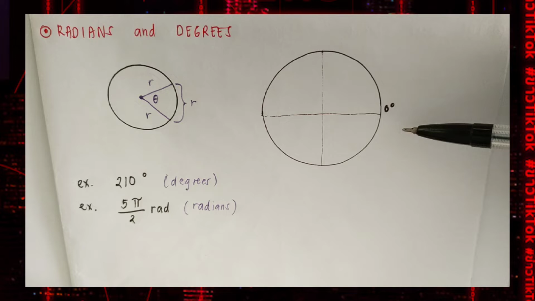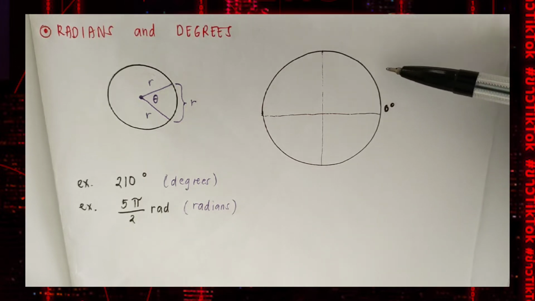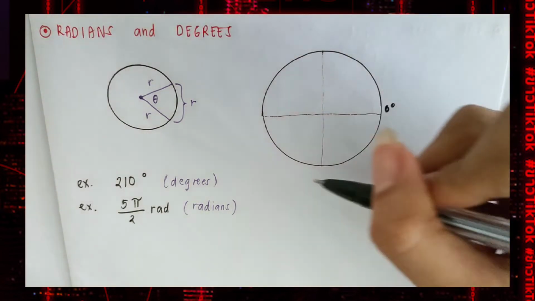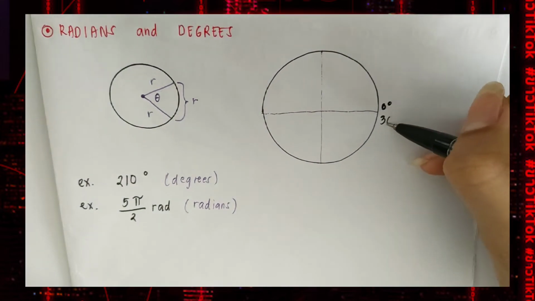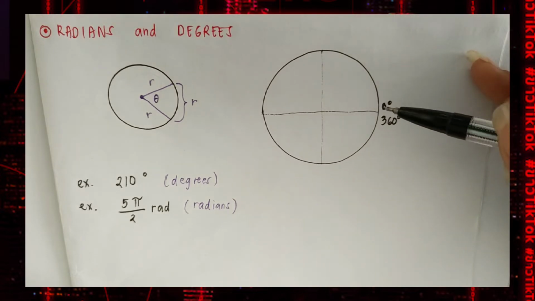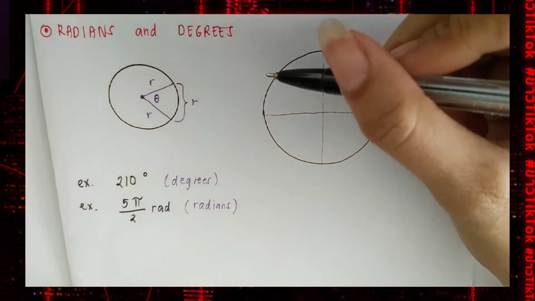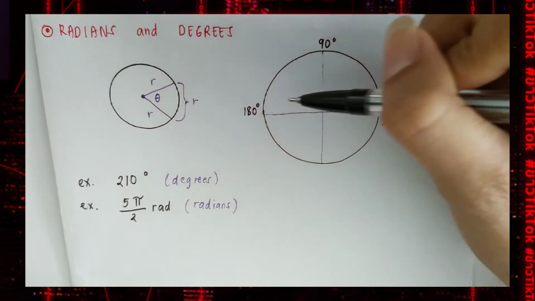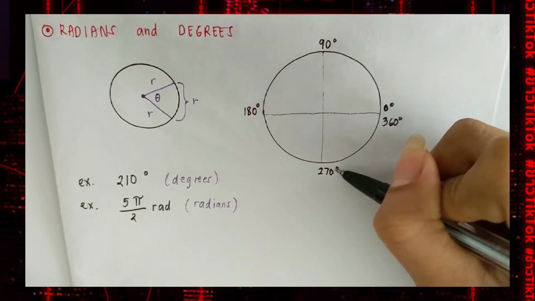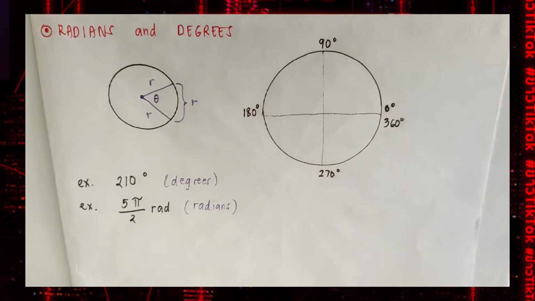If you start at 0 degrees and move counterclockwise around the circle, a quarter of a circle is 90 degrees, halfway is 180 degrees, 3/4 away is 270 degrees, and all the way around is 360 degrees.